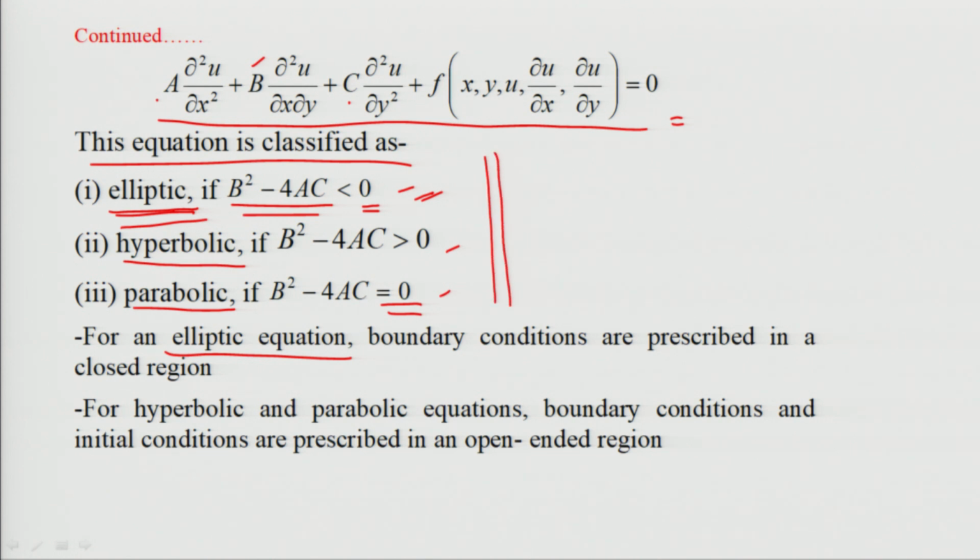These are the conditions. With the help of these conditions we can describe the nature of the second order partial differential equation. By describing the nature of the differential equation, we can find the appropriate boundary conditions and initial conditions.